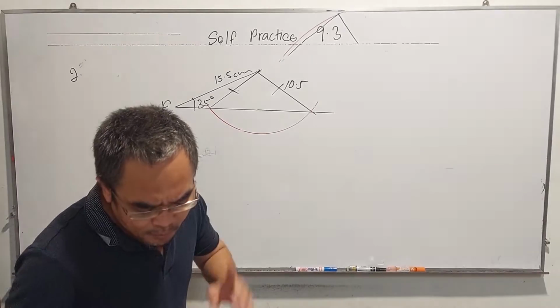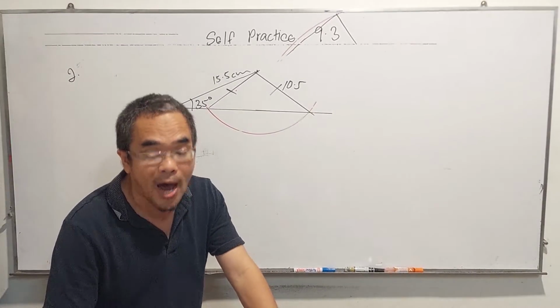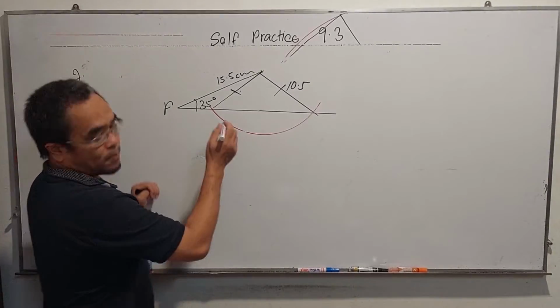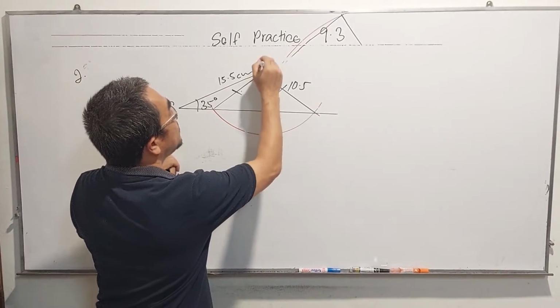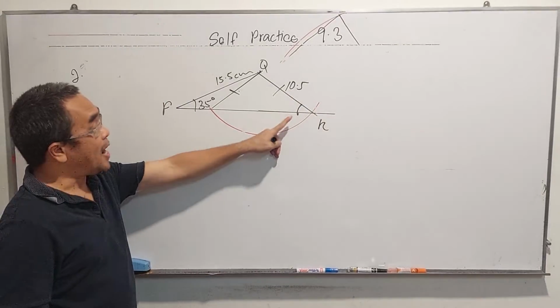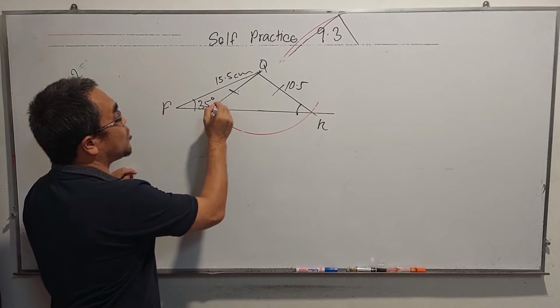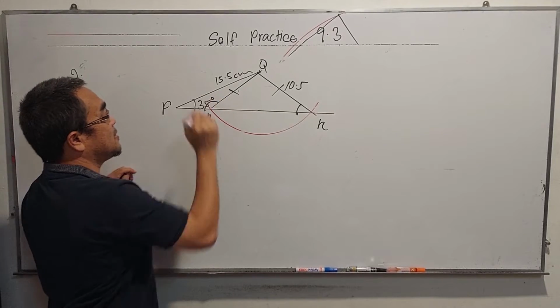So question A, find the possible values of QRP. So this is QRP. This is one of the angles. But for your info, this is also QRP.